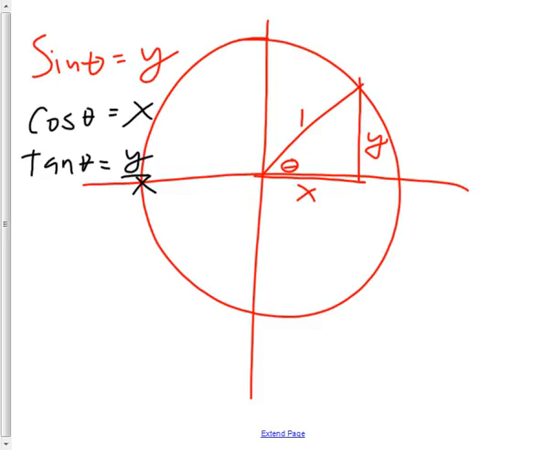But we're not going to say it's y over x. Stay with me. We're going to say it's sine over cosine. It's pretty much the same thing, right? But the point, if I say sine over cosine, then I'm telling you how we're going to get the tangent graph by taking the sine and the cosine graph and dividing them.